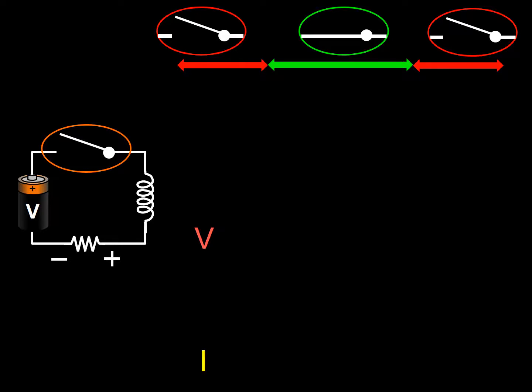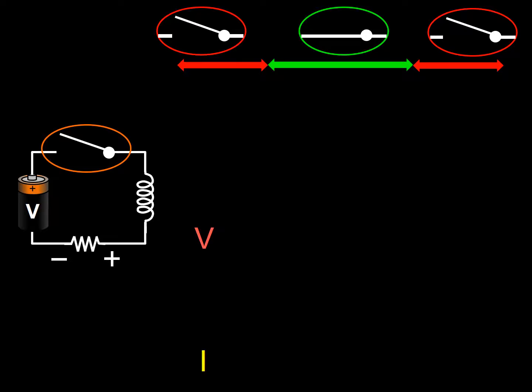I have added on top a switch in 3 stages. The one to your left is open, hence no electricity going through. The one in the middle is closed, hence electricity is going through.